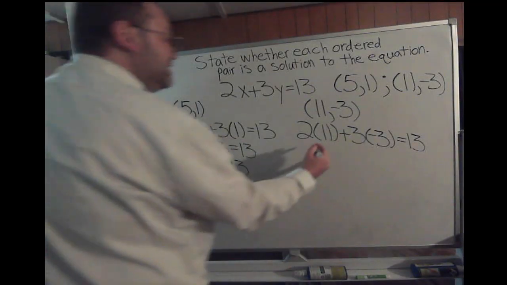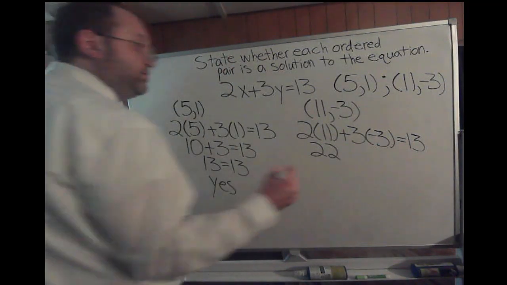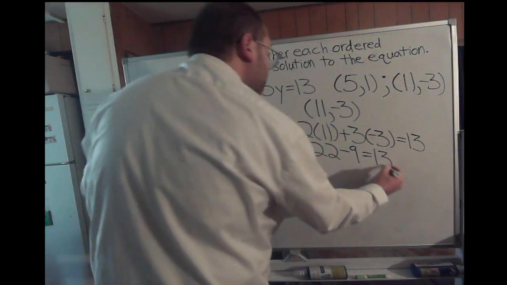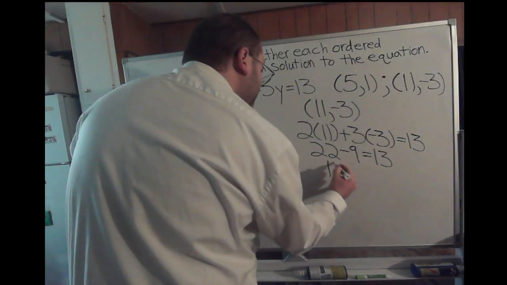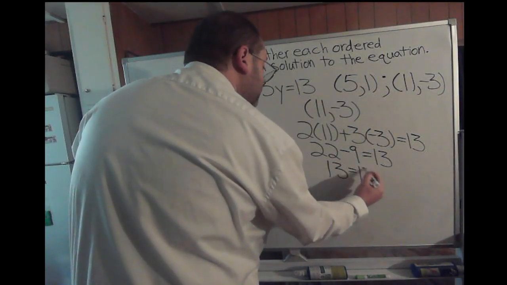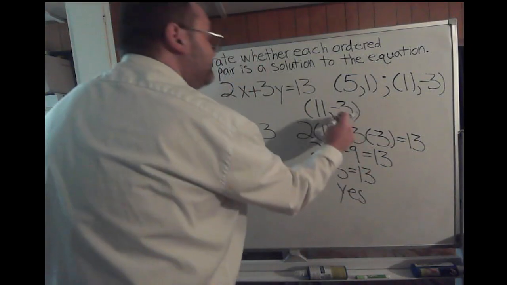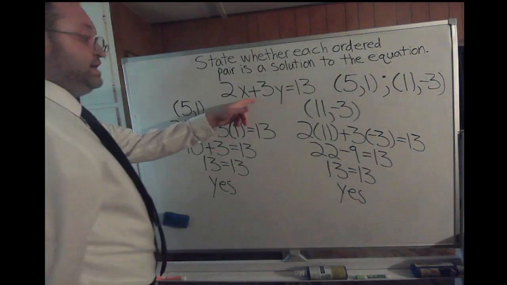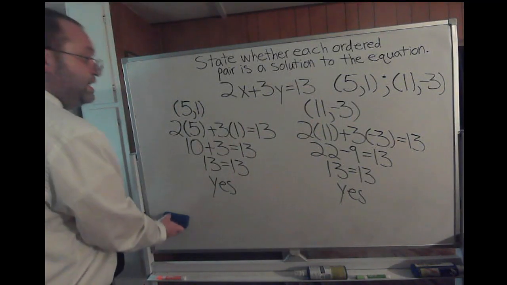Well, 2 times 11, that's 22, plus 3 times negative 3, that actually turned into minus 9. Would that be equal to 13? 22 minus 9, well, that is in fact 13. So yes, 13 equals 13. So also a yes on 11, negative 3. That is also a solution to this equation, therefore meaning 11, negative 3 lies on this line.